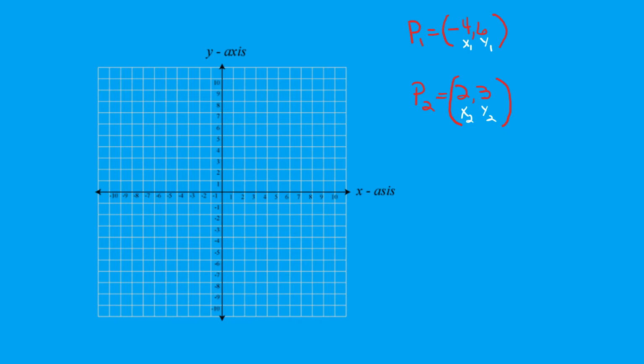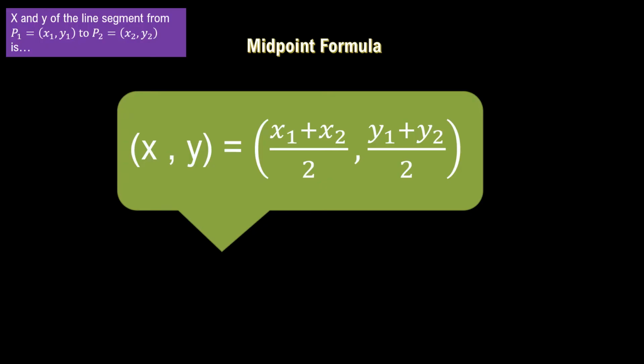Now we are going to use these coordinates and line segment for the midpoint formula. Let's take a look at the formula. As you can see by the formula, we will obtain an x value and a y value.